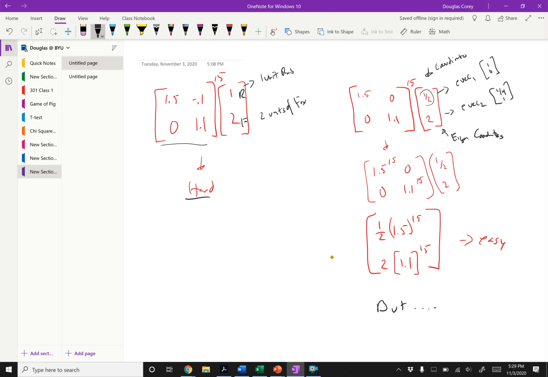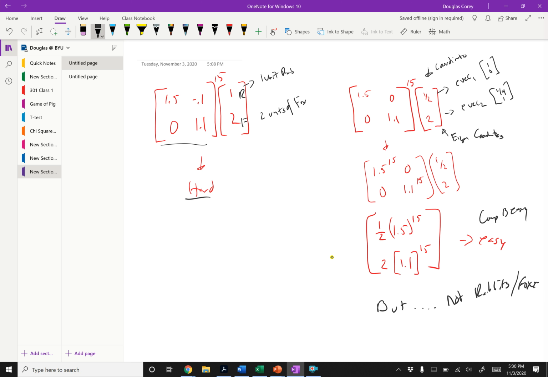So I can just multiply, to do the 15th year, this is nice, it's a diagonal matrix, that's just 1.5 to the 15th, 1.1 to the 15th, and then I can multiply these in at the end, and I get where I'm at. The problem is, here the computation is easy, but that's not rabbits and foxes.